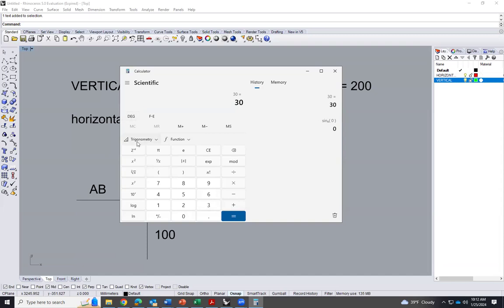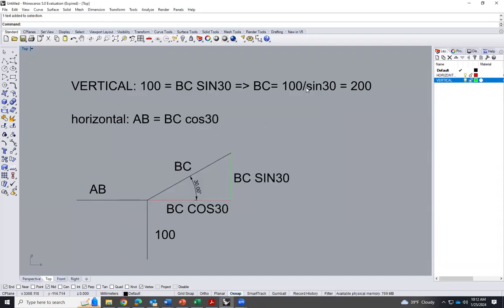We have to work with degrees. So we have 30, and then we apply the sine. It's 0.5. Each calculator is different, okay? But anyway, 100 divided by 0.5 is 200.